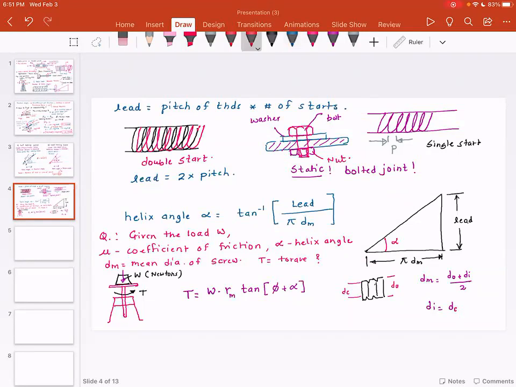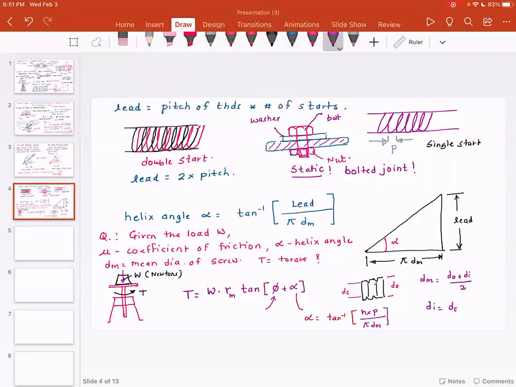So let me define the terms. Alpha is the helix angle. So alpha is found with the equation tan inverse of lead, which is n times pitch, divided by pi times dm.